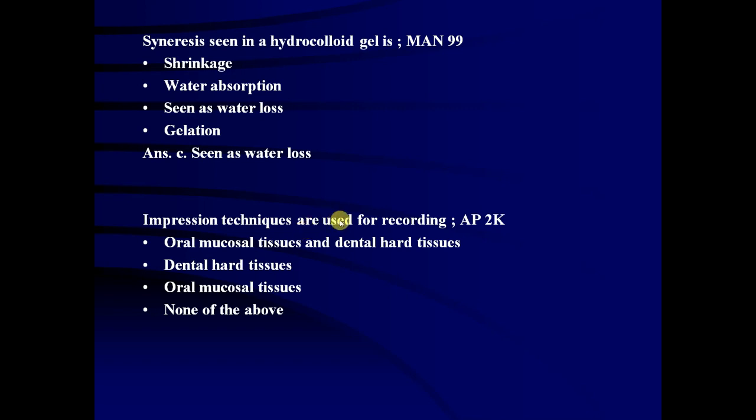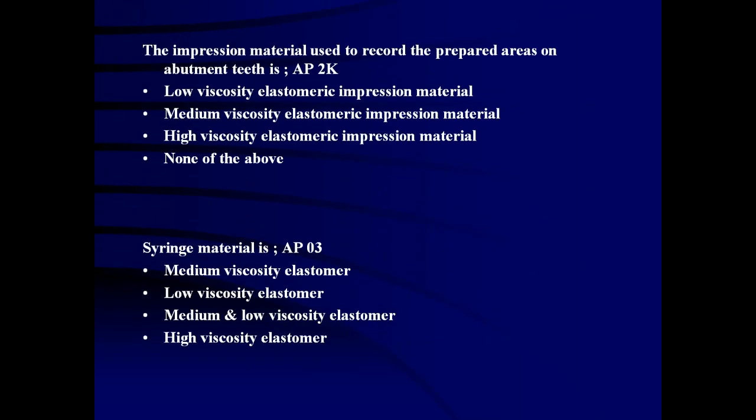Impression techniques are used for recording oral mucosal tissues, dental hard tissue, oral mucosal tissue, or none of above. It's oral mucosal tissue and dental hard tissue. Guys, what you have to do is you just go through these questions. These are very important from your exam point of view. I have specially put these questions for you guys.